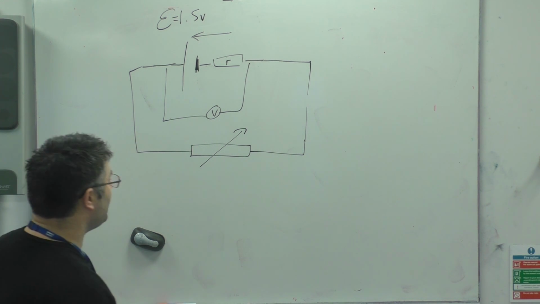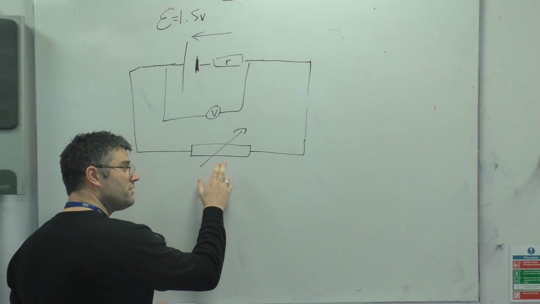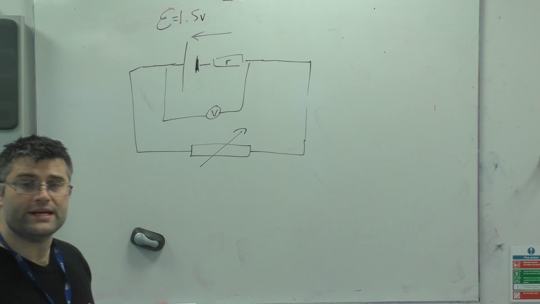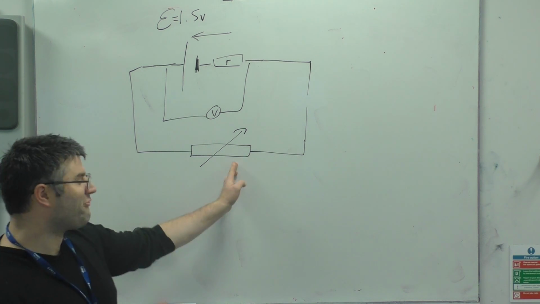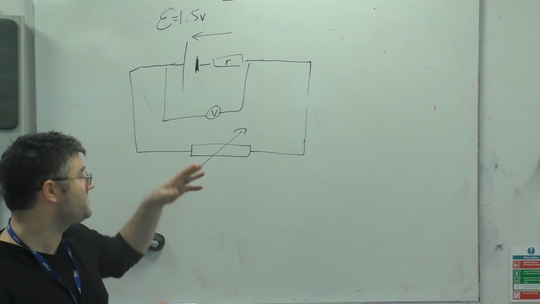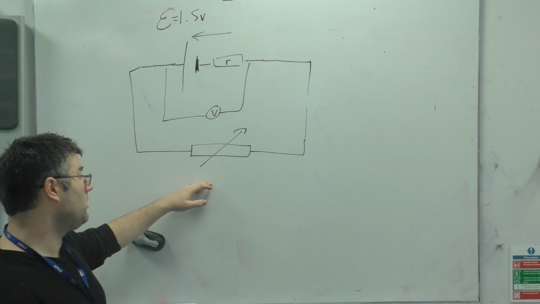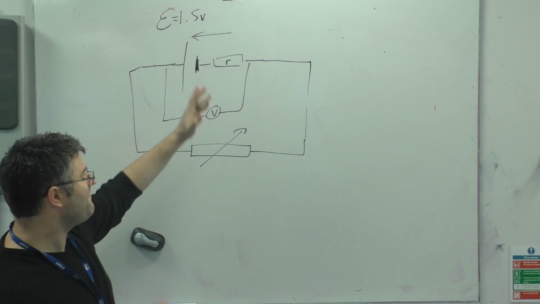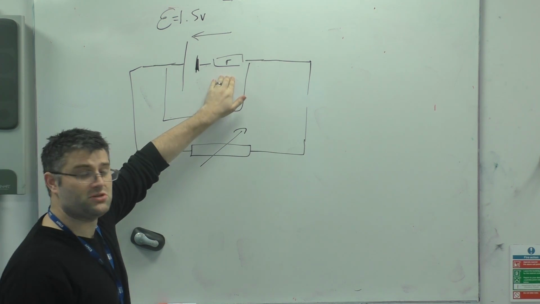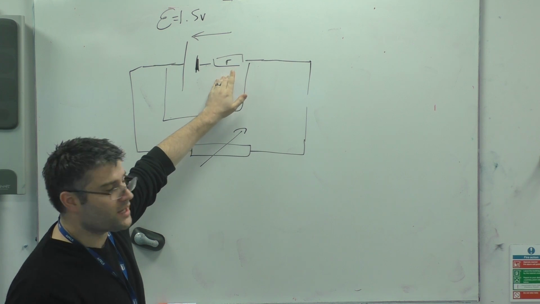And so we have a situation where we can adjust the resistance here. Now normally, if we have one resistor in a circuit, we would not expect the PD to change, because we've got one resistor and it's all on its own. All the EMF is going to be out across this resistor right here. However, because of this tiny internal resistance, that is not going to be observed.